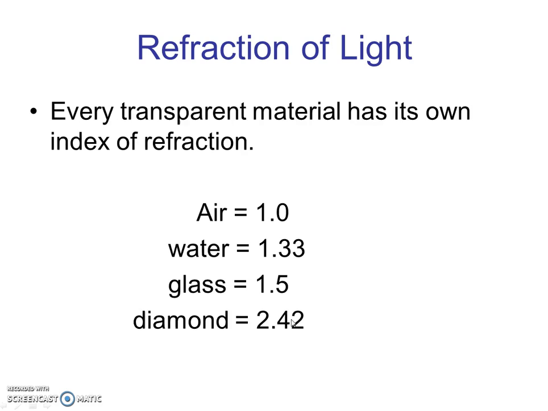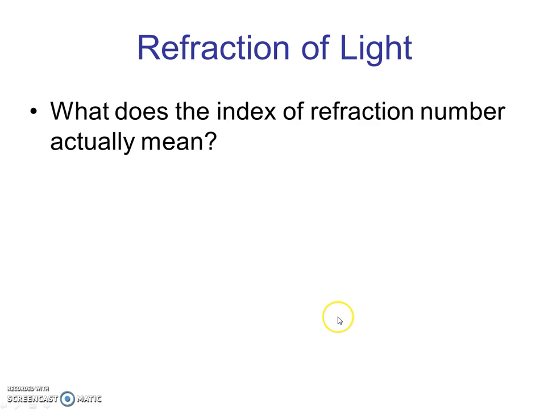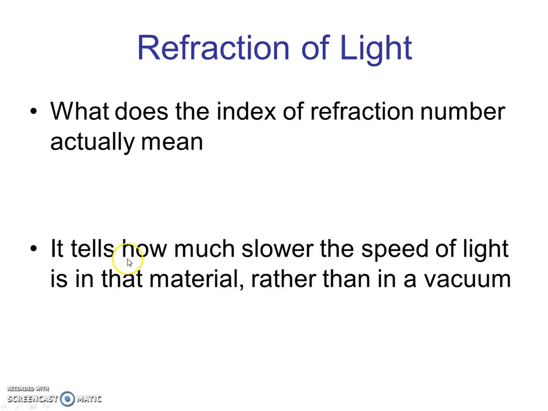Now the key is, what do these numbers really mean? Well, what it tells you is how much slower the speed of light is in that material rather than in a vacuum. In a couple units previous, we figured out the speed of light in a vacuum was 3 times 10 to the 8th meters per second.